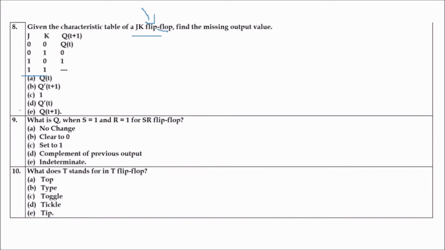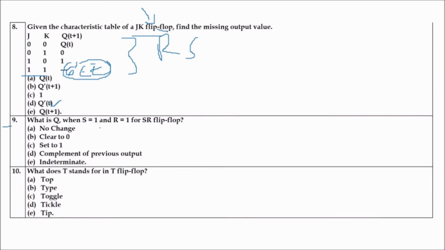The answer is D, toggle Q. This is only the complement state. So this is the toggle or complement state. This is how JK flip-flop gets rid of that race or unwanted condition in the RS flip-flop. So if 1, 1 is there, it will just toggle rather than giving any undecided or undetermined condition.